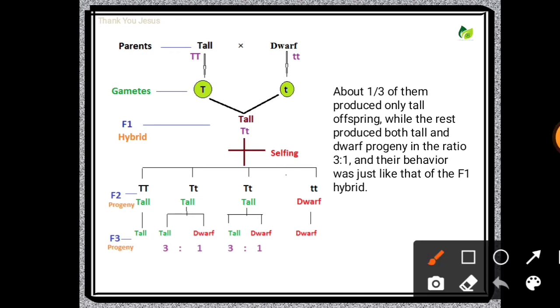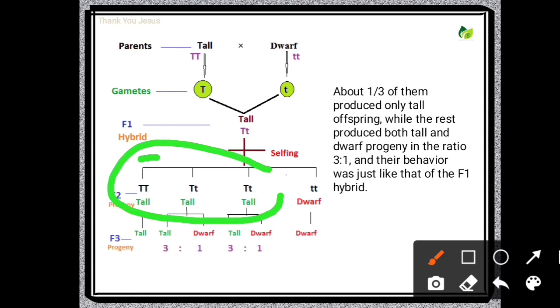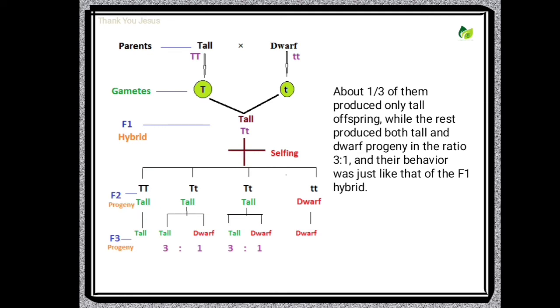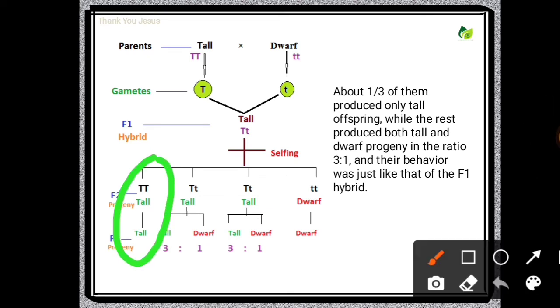Look at the picture. Actually, these three plants are tall plants, even though only 1/3 of them will produce only tall progeny in the F3 generation. The remaining 2/3 progeny produced tall and dwarf in the ratio of 3:1.